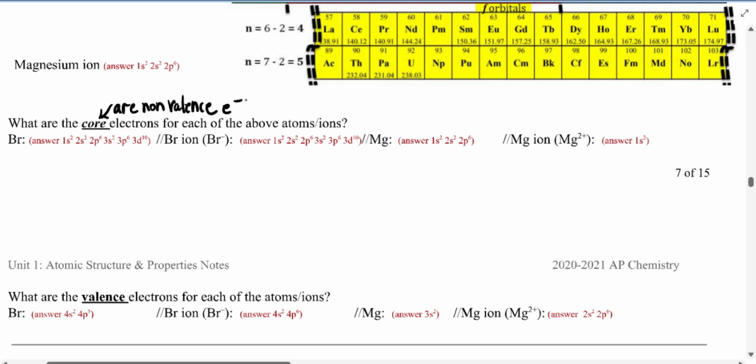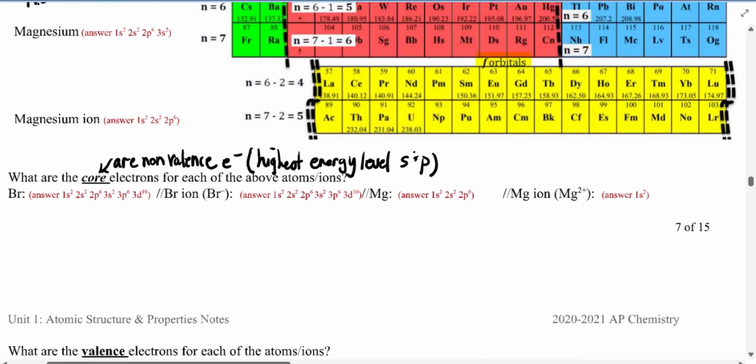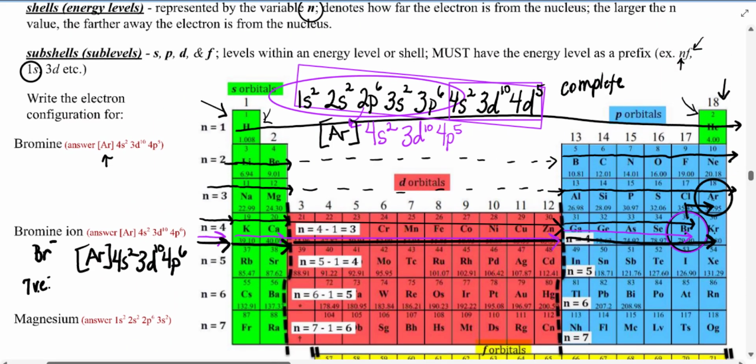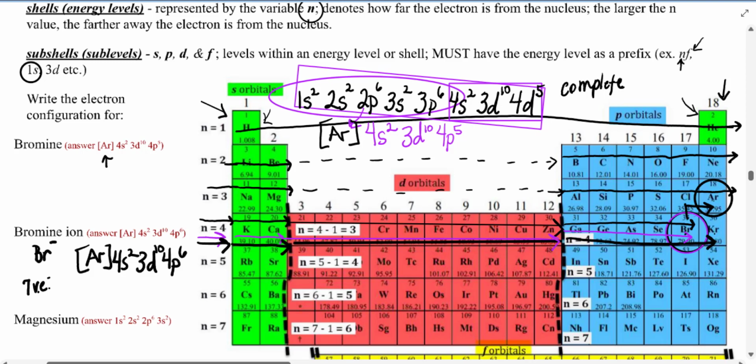And by the way, your valence electrons are the highest energy level s and p. Okay, so let's look at the bromine that we just did up here.